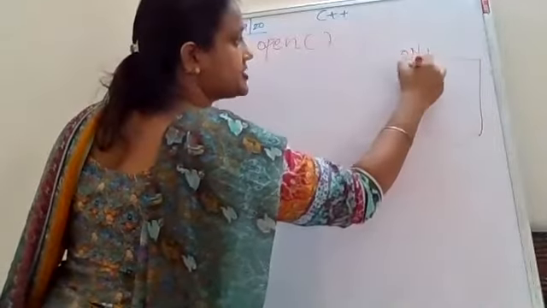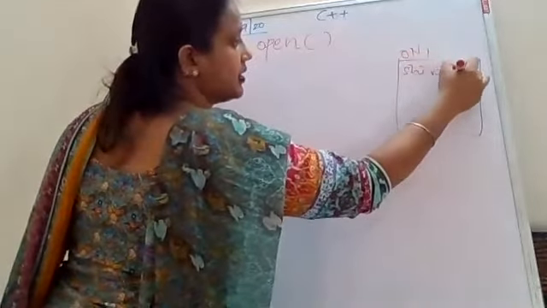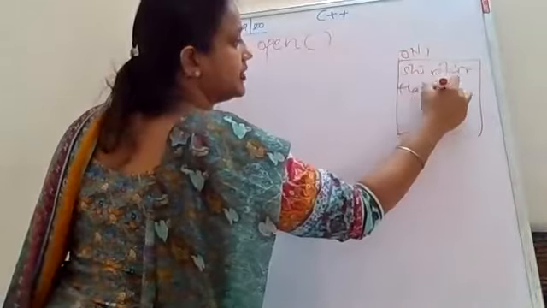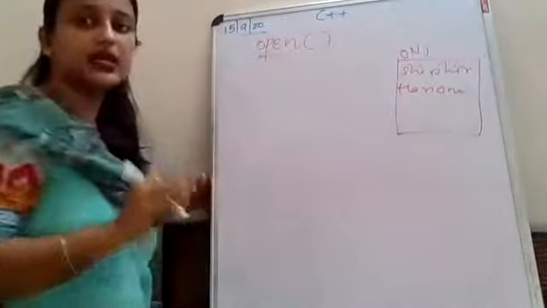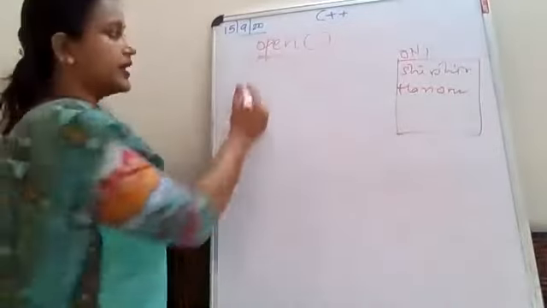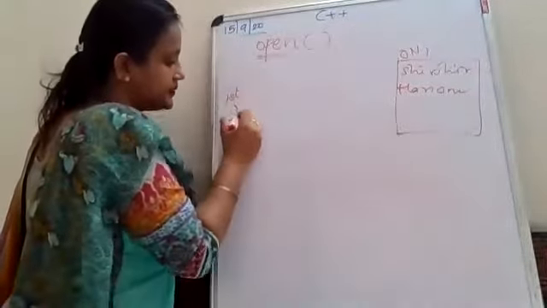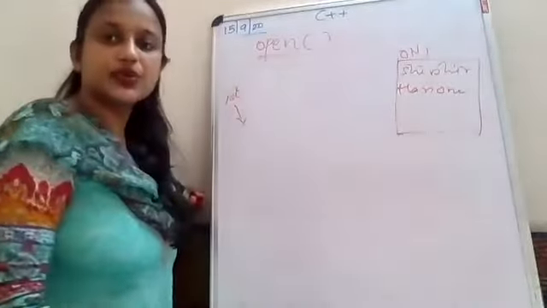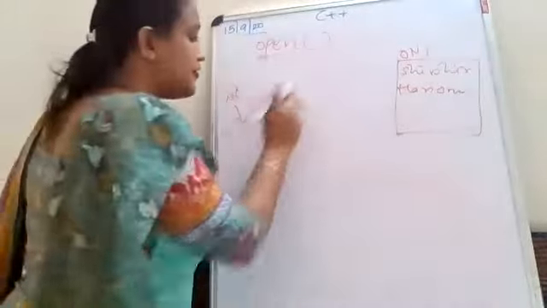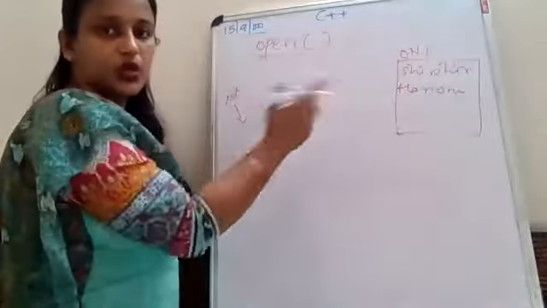I have Shishir, I have Hariom, two students in the file. Now suppose I want to open this file. There are two ways to open this file. The first way we will study. To open this file, you use ofstream. So first I create an object to open that file.